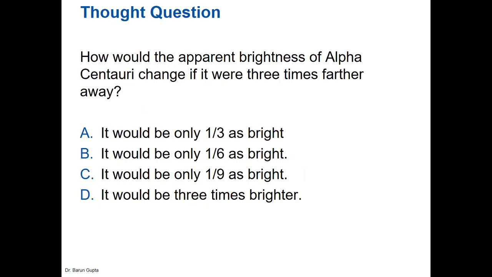Now let me ask you a question, and it's a very easy question, and this would be very helpful for doing your homework. How would the apparent brightness of Alpha Centauri change if it were 3 times further away?